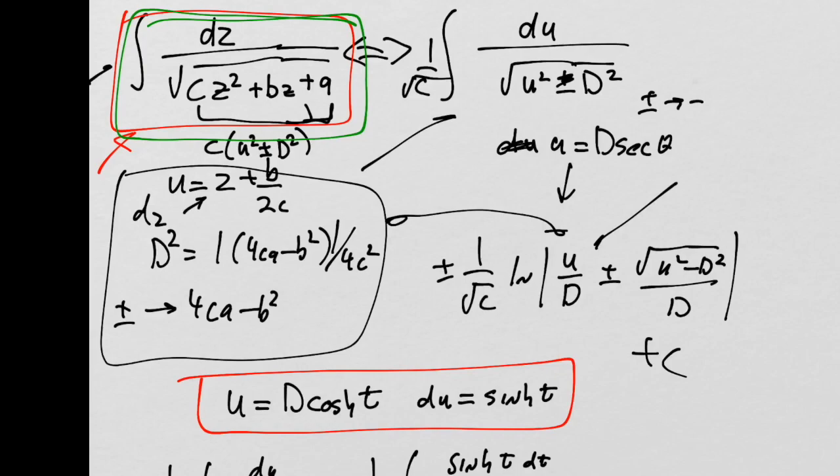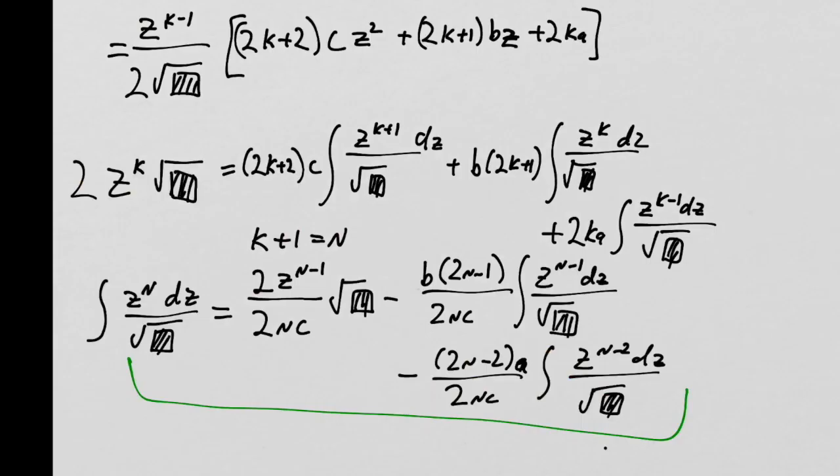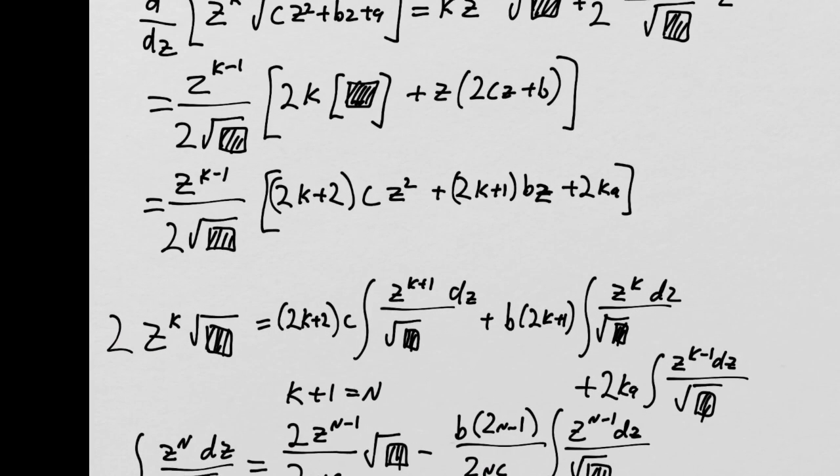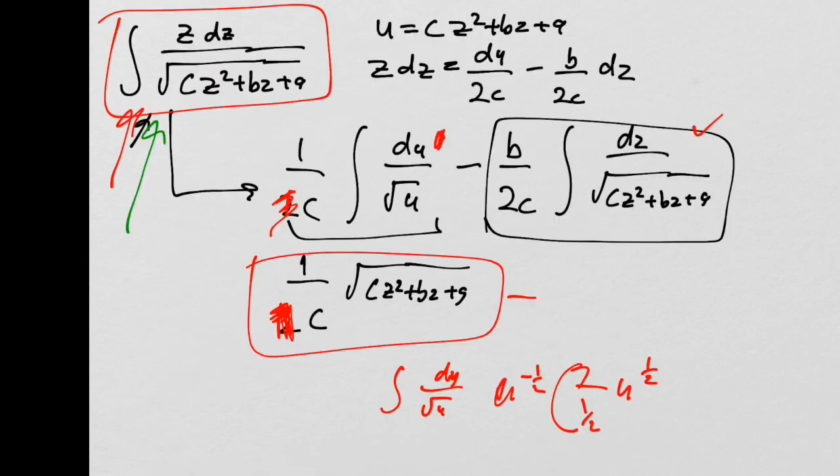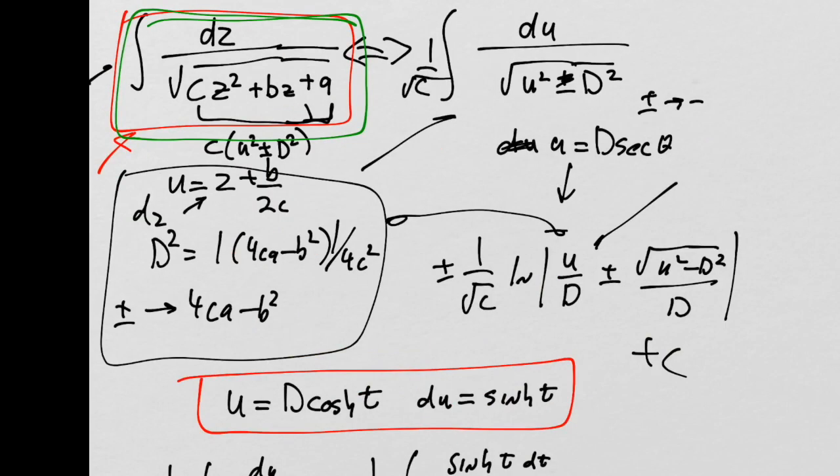I can always express this integral in terms of this integral and this integral. So there are really two fundamental integrals, those two that I just showed, because I've reduced everything to a problem involving those two integrals.